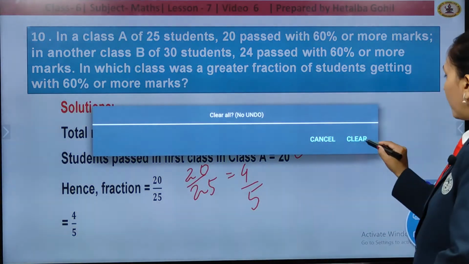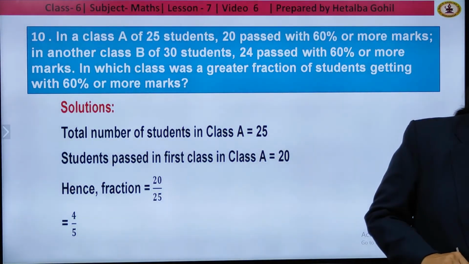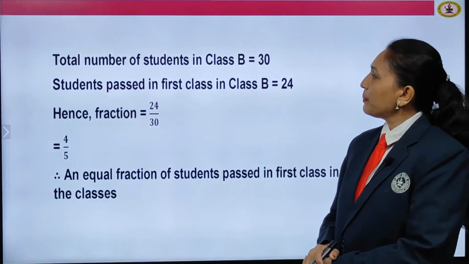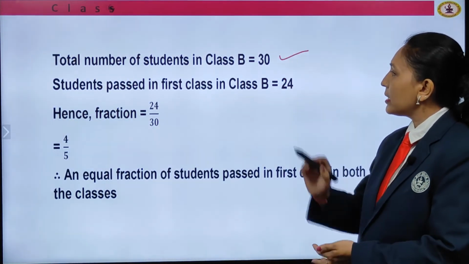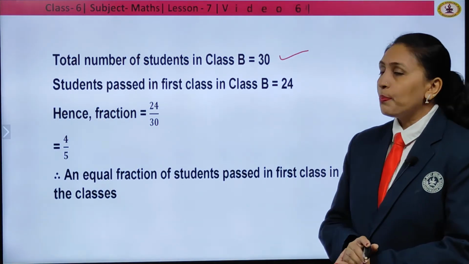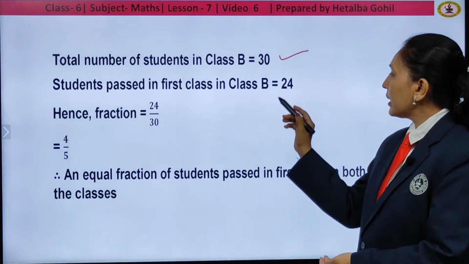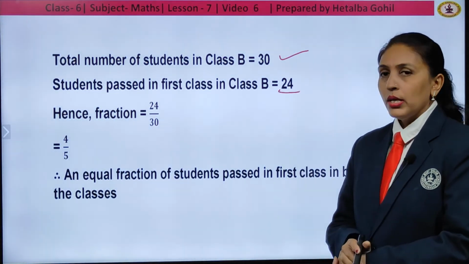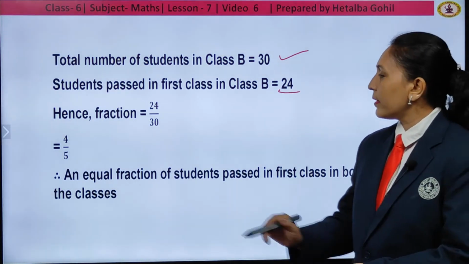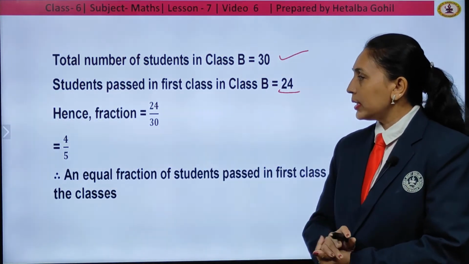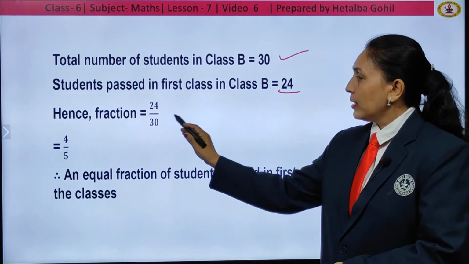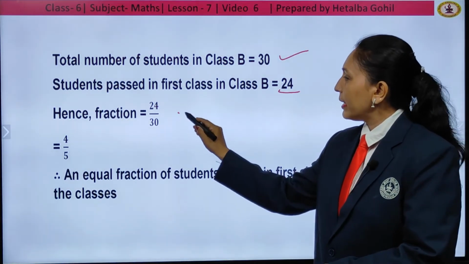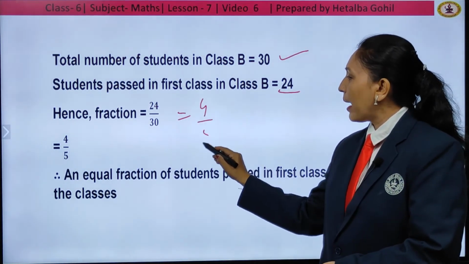Now let us see about the class B. In class B, children, we had 30 students, after which students who passed with first class in class B were 24. So the fraction we are going to get here is 24 upon 30, and if I put it in the simplest form, I will get here 4 by 5.